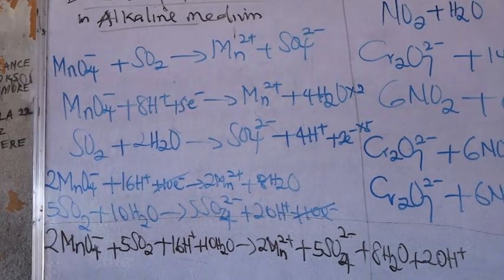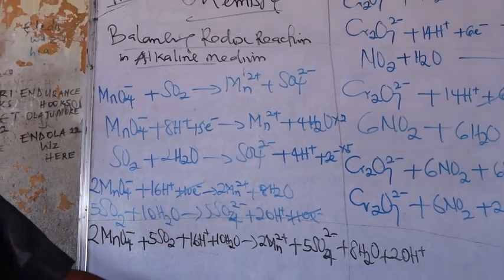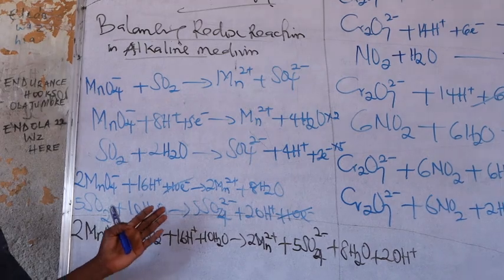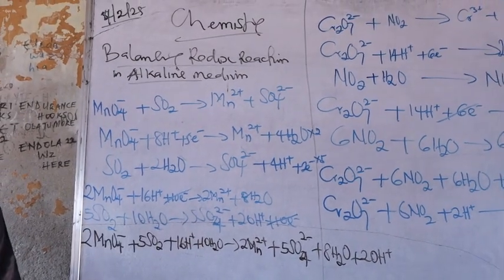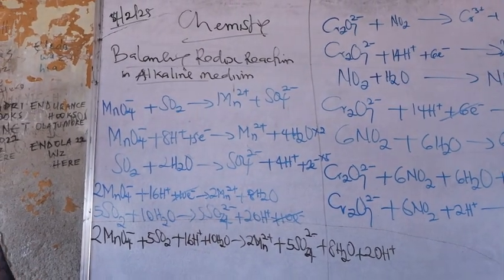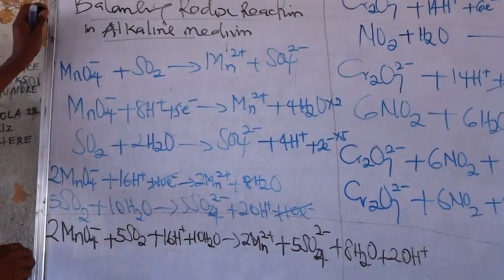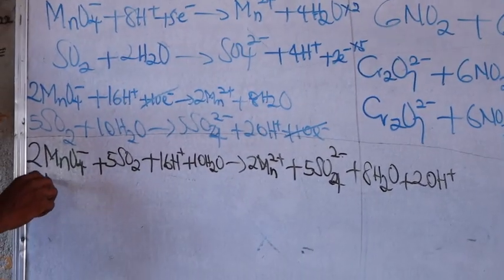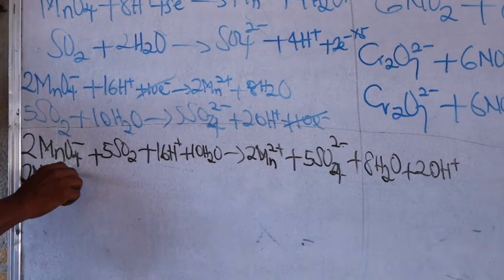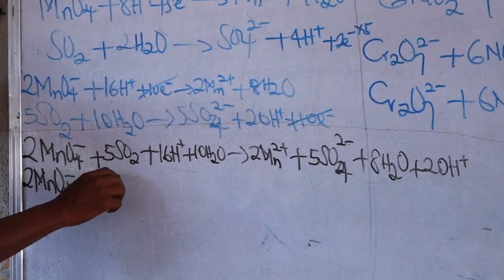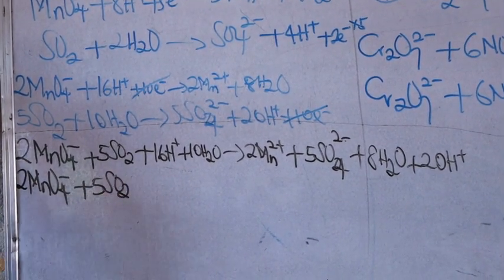Just like we did the first equation, let us allow the water molecule to be at one side and the hydrogen ion at the other side. So this equation can now be written as 2MnO4 minus plus 5SO2.